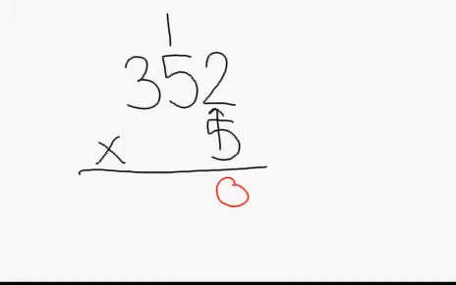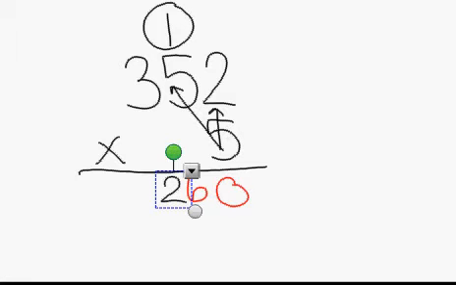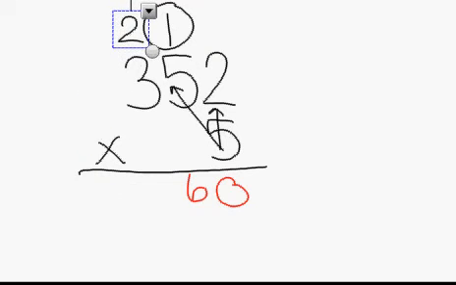Then we do 5 times 5 is next. 5 times 5 is 25. And just like addition, we add the 1. So that would be 26. But just like before, this 2 does not belong there. That 2 needs to be regrouped up here at the top.